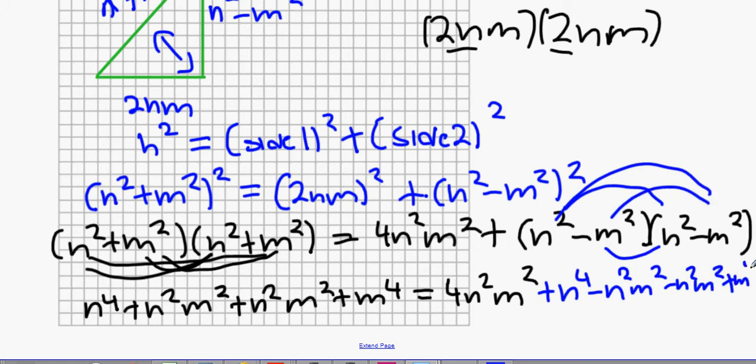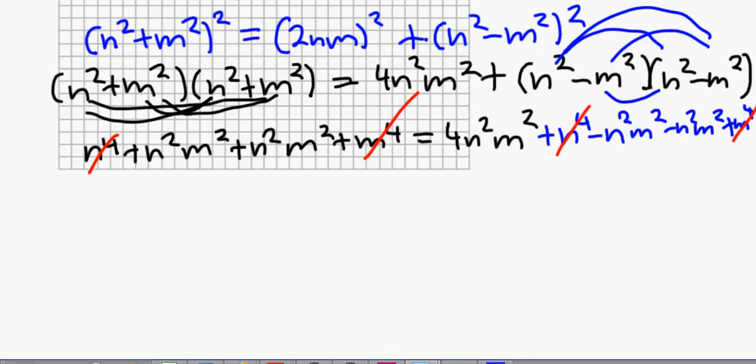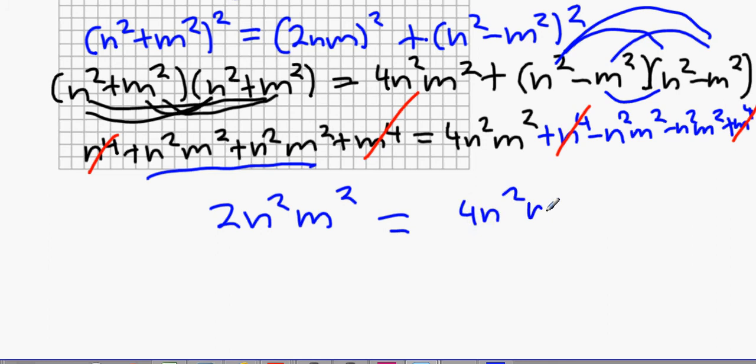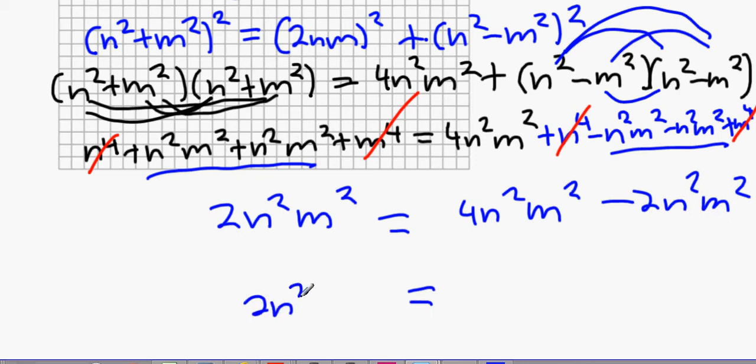Let's see what happens both sides. The m to the 4s cancel both sides. The n to the 4s cancel both sides. The two of these together will become 2n squared m squared, and this here will be 4n squared m squared, minus, and the two of these will be minus 2n squared m squared, and finally we're going to get 2n squared m squared equals 2n squared m squared.